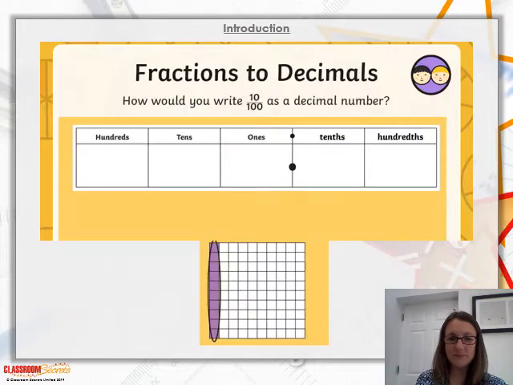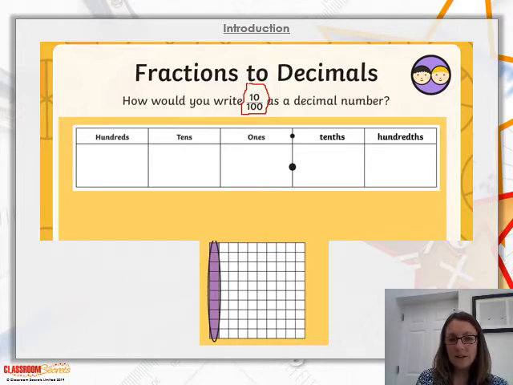Right. Now, how would you write 10 hundredths as a decimal? So we've looked at some fractions that have just had a single digit on top of that fraction. Now we've got a double digit, 10 hundredths. So I want you to think how you would write that. You can pause and take a look.